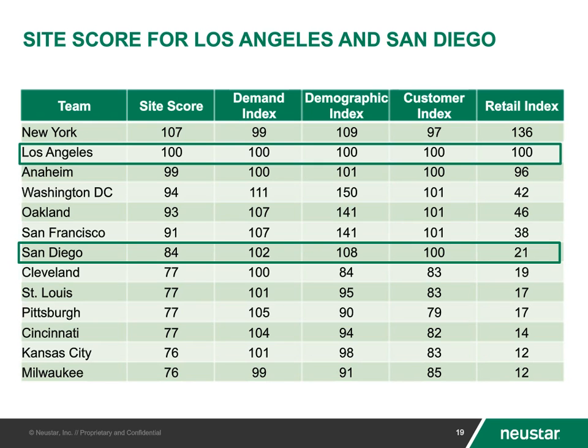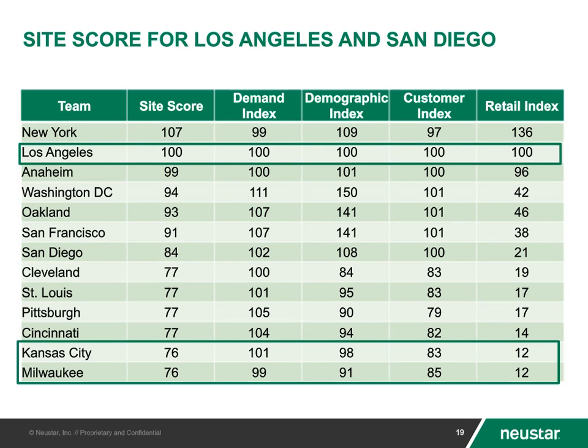So there is some reason to believe there are differences in the fan base and how the Dodgers are marketing themselves. And in San Diego, the fan base is slightly different. So New York, and then the places where the LA Dodgers wouldn't do as well based off of the markets and such would be places like Kansas City, and Milwaukee.